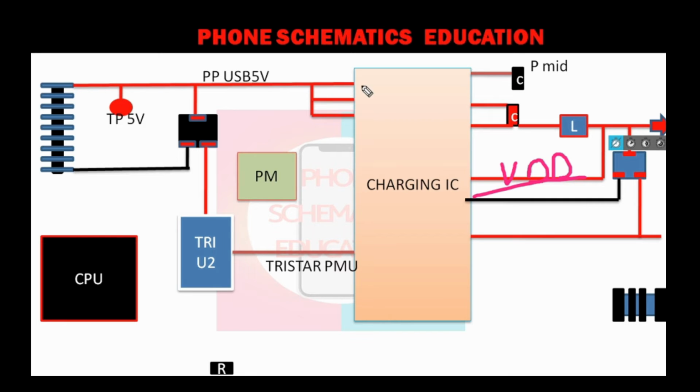When you connect the charger, your VCC, this voltage, is generated by the charging power, right? That means your phone runs on charging power. Clear?